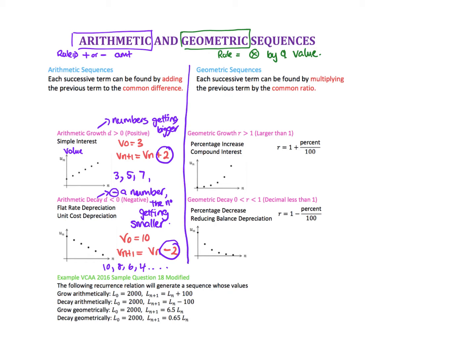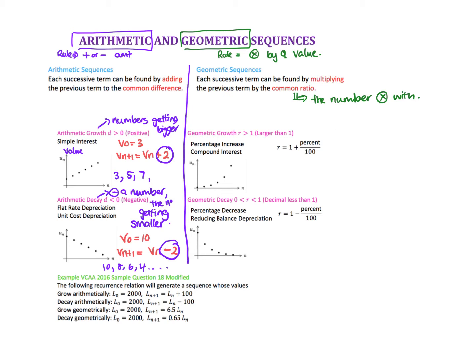They're the ones we're going to look at first, but while we're here we'll have a quick talk about geometric. That's when we're multiplying, and the number that we're multiplying by is called a common ratio. If you want to write it down, this is the number you're multiplying with. If you multiply by a number greater than 1, your numbers get bigger.